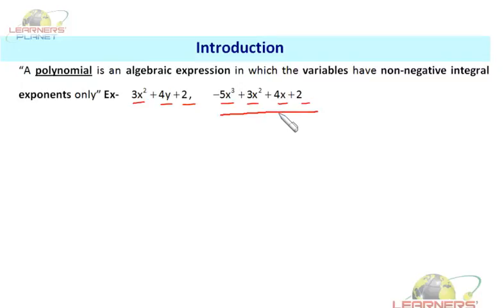Now, one more term over here is a coefficient. What is a coefficient? Here we see 3x square. Here 3 is a constant and x is a variable.